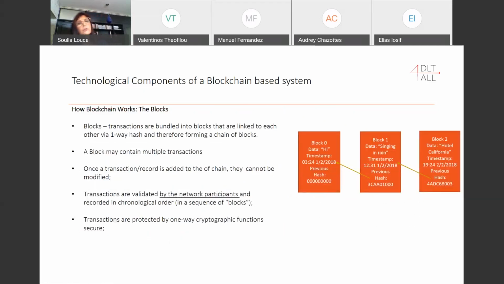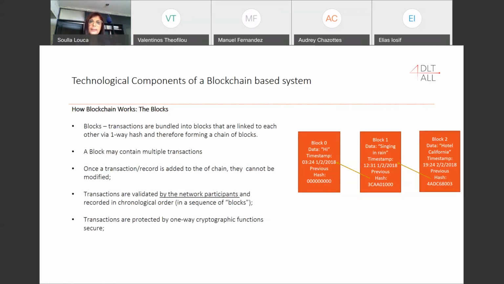Now, we've mentioned the term blocks earlier. Let's explain a little bit better what we mean by that. When we have all these different transactions being carried out, we put them together in batches in a block to keep them all together.